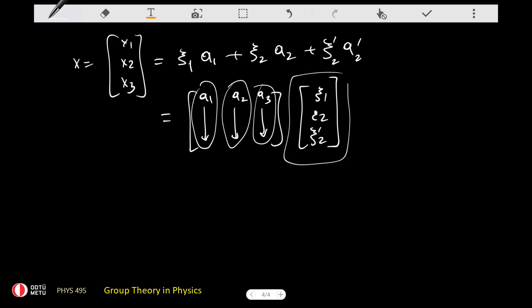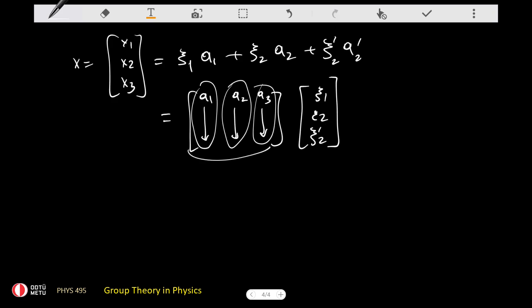And this is just a column vector where the components are the coordinates that I have introduced. So I know that psi1 is a normal mode coordinate, but I still don't know whether these are normal mode coordinates or not, right? So there's this kind of a complication in here.